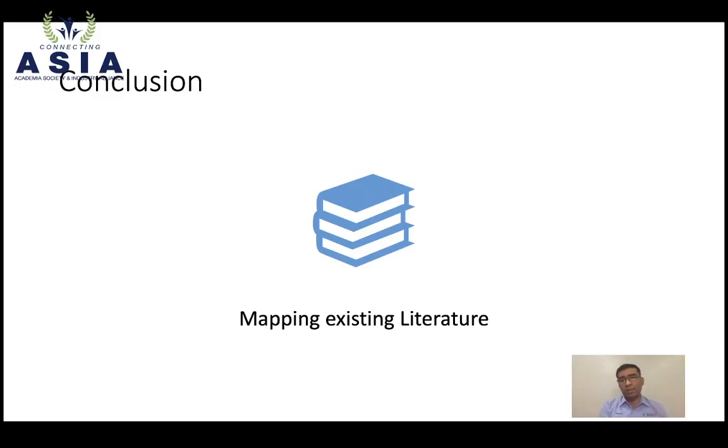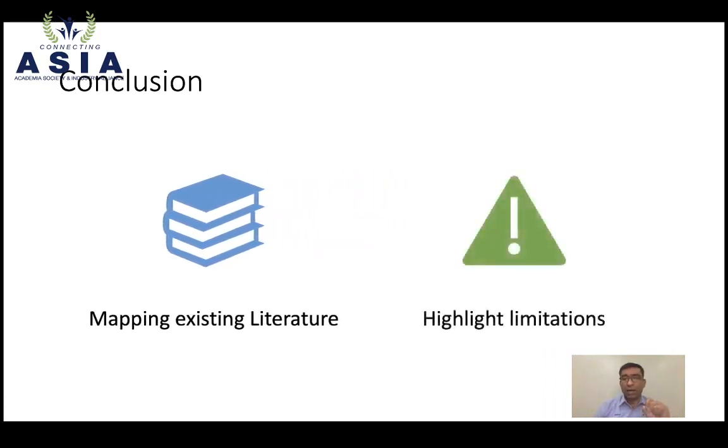Let's say in 1981 the concept was started, and then the concept has been improved over the years, the way I told you about sustainable manufacturing. So you can write on your own area. Let's try to map the literature. Highlight the limitation, very important. Now highlight the limitation. Every work has some limitation. For example, I told you the environmental scientists coined this term sustainability with respect to the environment.